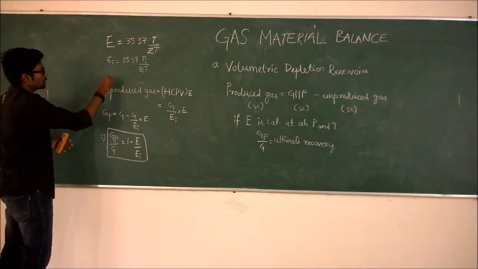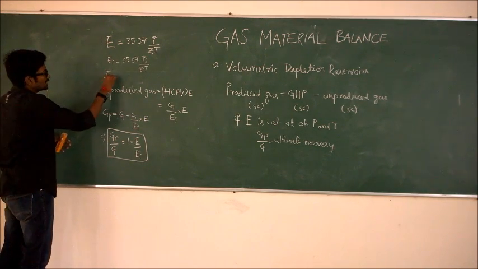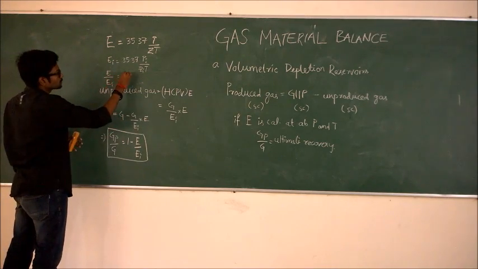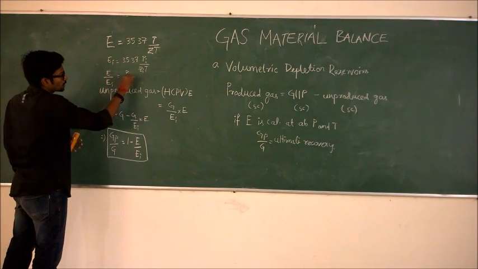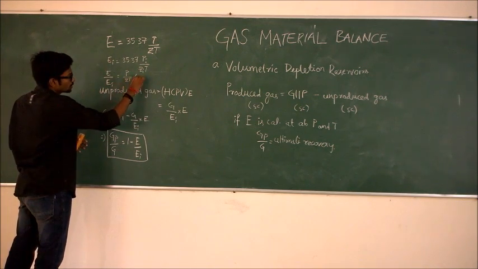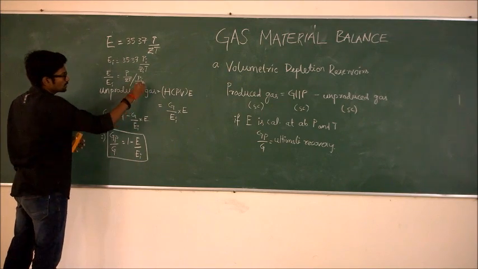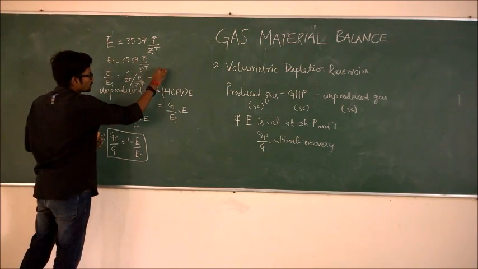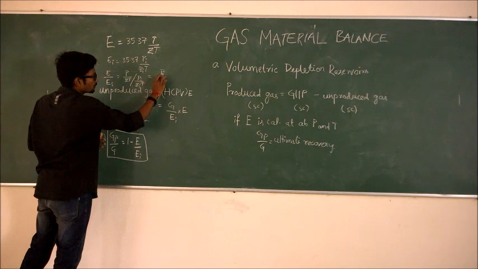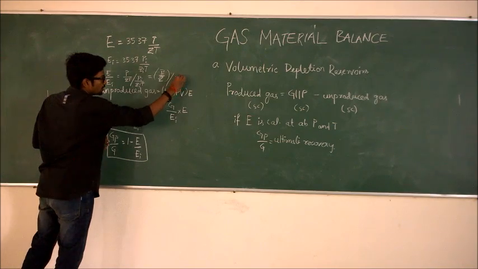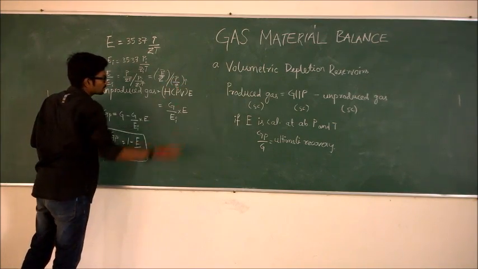So now if we take the ratio of E by EI, we get P by ZT by Pi by Zi T, which is P by Z by P by Z initial.